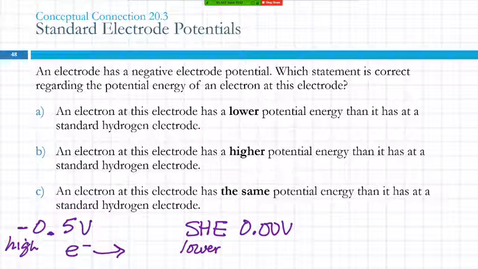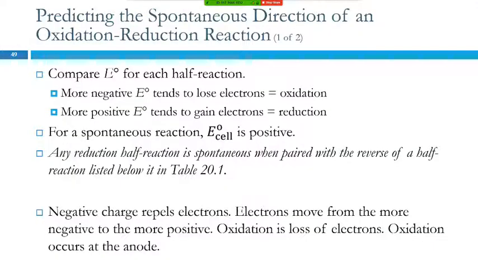The answer is B. This electrode with a negative potential has a higher potential energy than the standard. The electrons are going to want to move away from this. They move from high energy to low energy. Okay.